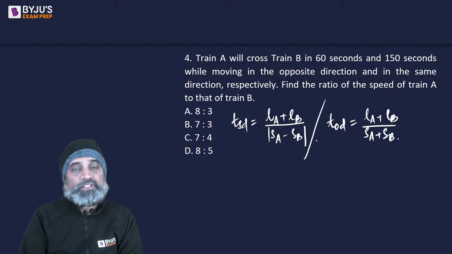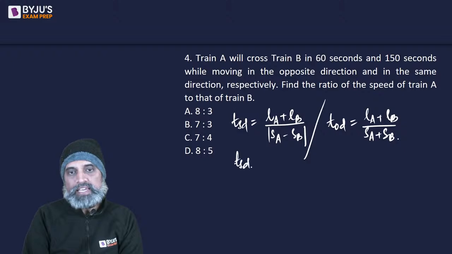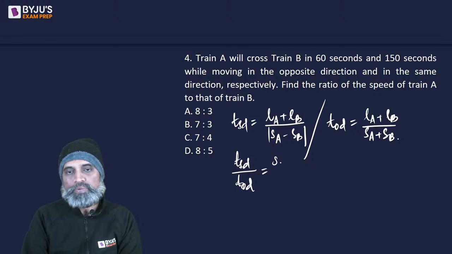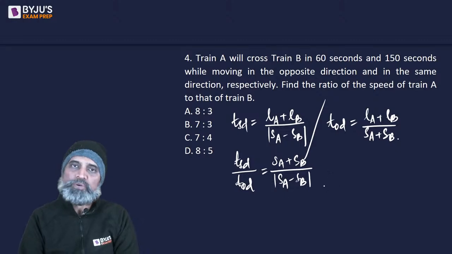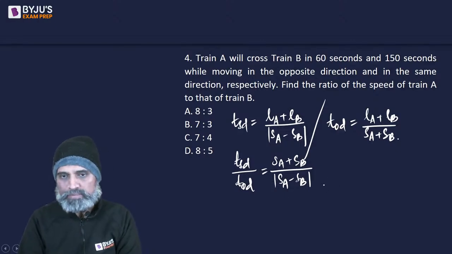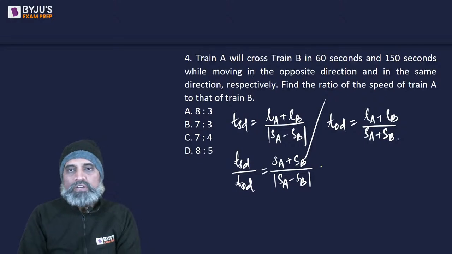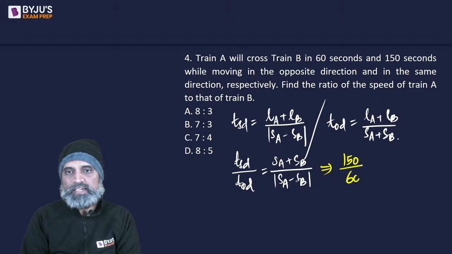If I divide it thoroughly, I will get same direction time and opposite direction time is going to be sum of the speeds divided by difference of the speeds. I am taking a mod because I don't know kiska speed zyada kiska kam hai, right? So same direction mein they take 150 seconds, opposite direction they take 60 seconds.